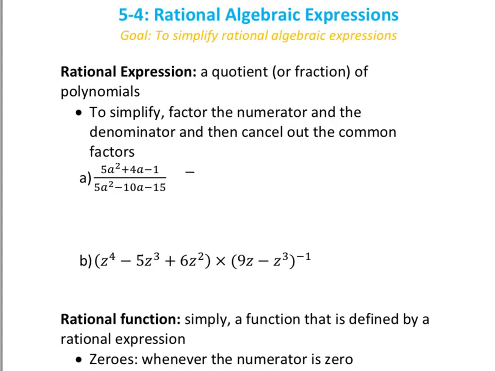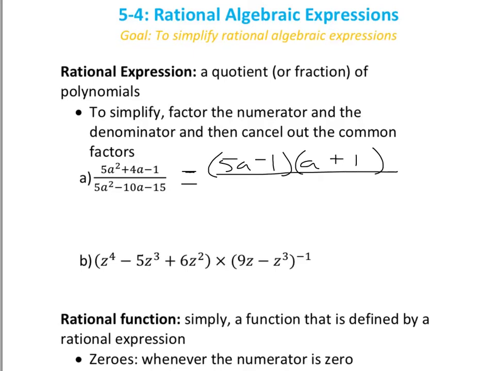So for this first one, we have to try to factor the top and factor the bottom. Once again, like I said in class, you really have to be good at factoring at this point. It's got to come straight to you. So we know we've got 5A and A, and we've got a plus 1 and a minus 1. We need to end with a plus 4A, so we need the plus 1 over here and the minus 1 over there.